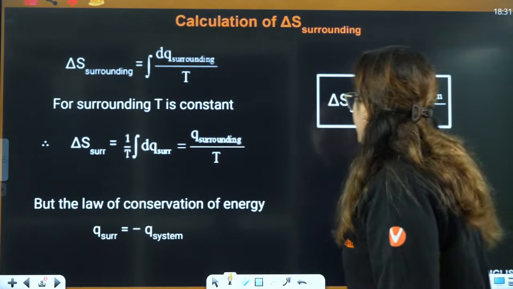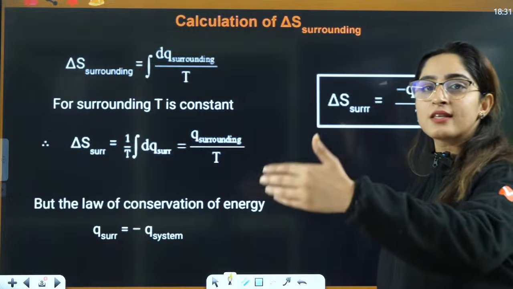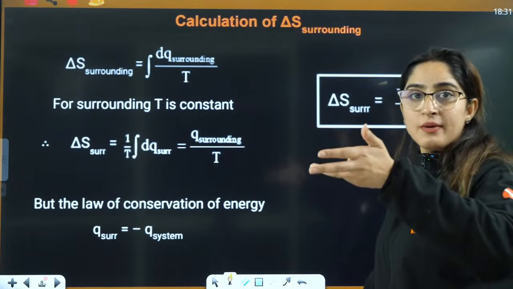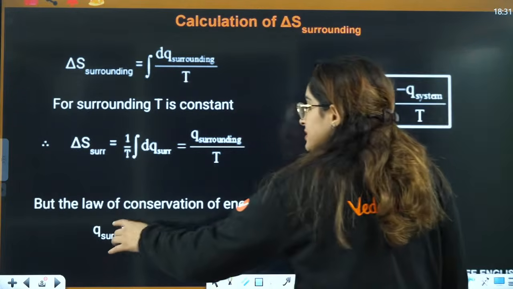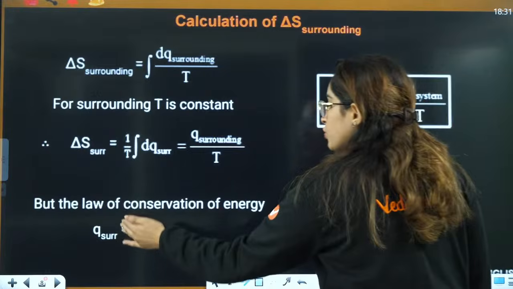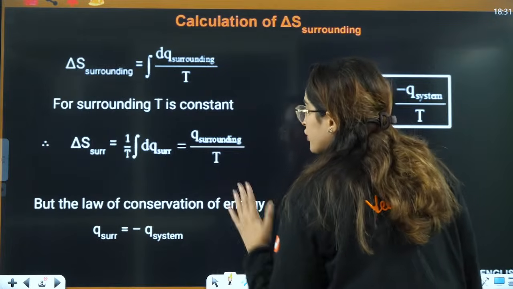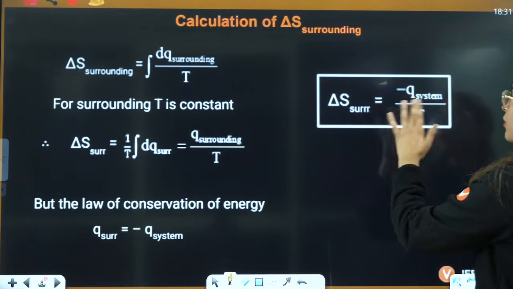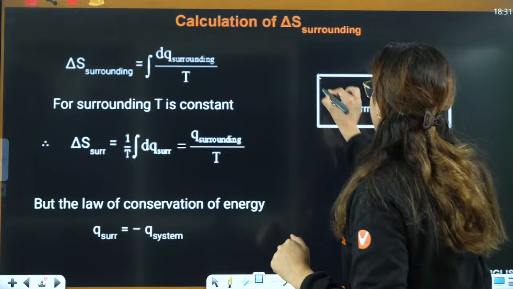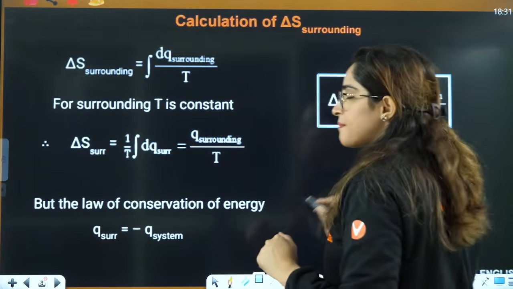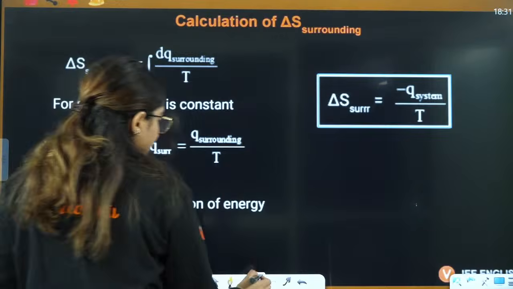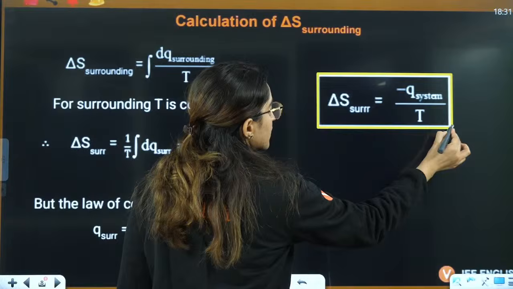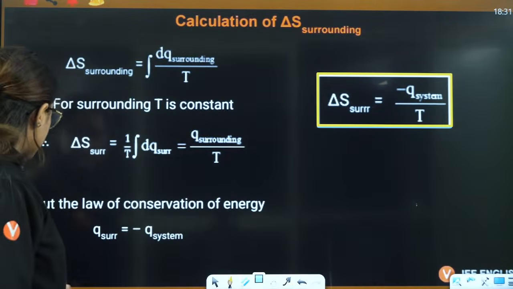So Q surrounding is nothing but the negative of Q system that was originally there with the system. So delta S of surrounding, in terms of system, will become minus Q of system by T, right? And this formula you can remember. I'll just mark this in a box.